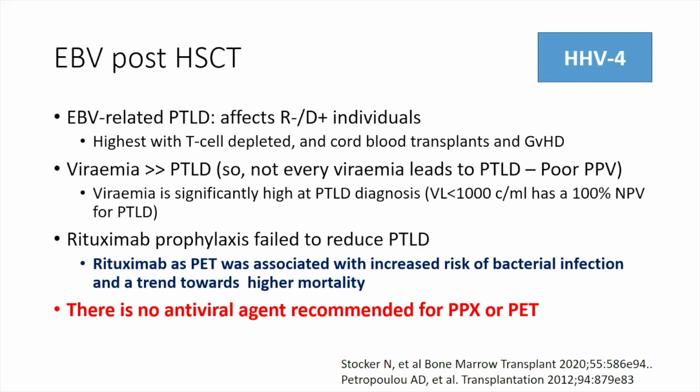I personally don't get bothered before they reach 10,000, and then I monitor them, and according to some kind of risk assessment, I may start them on prophylactic rituximab, but not as a routine. Unfortunately, there are no antiviral agents that are recommended or could be recommended for prophylaxis or for preemptive therapy in EBV. And this is one large unmet need as far as antivirals are concerned.